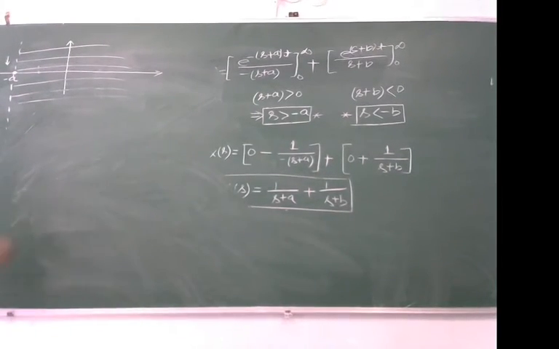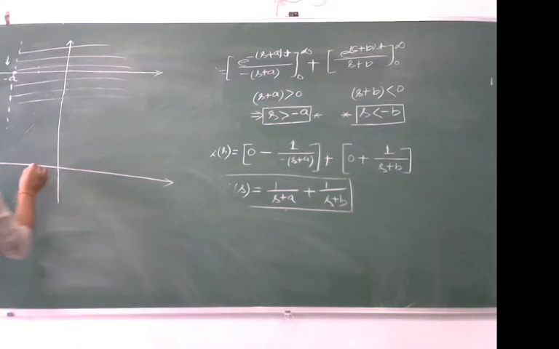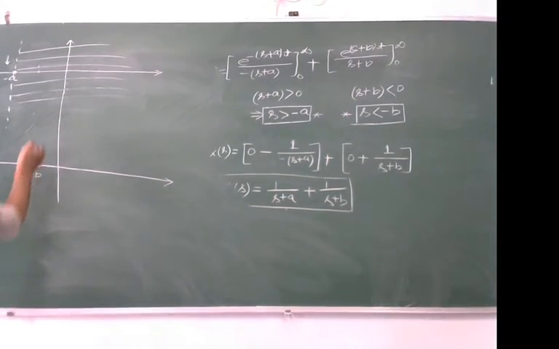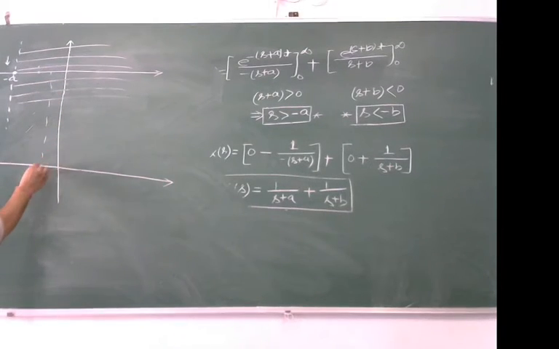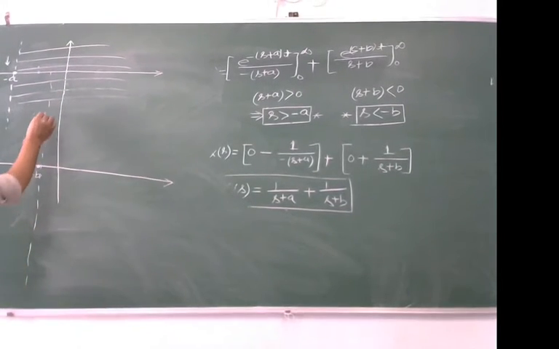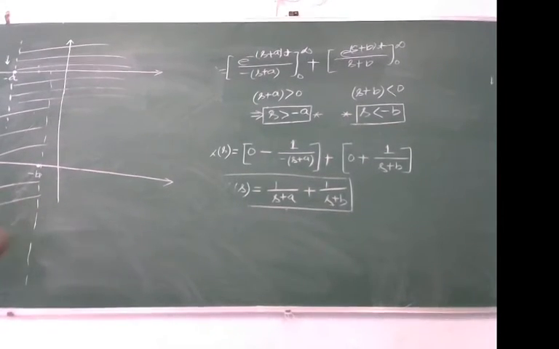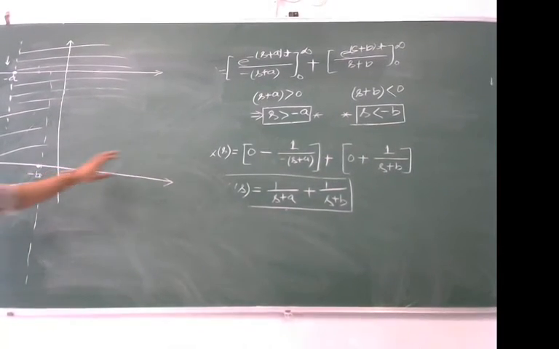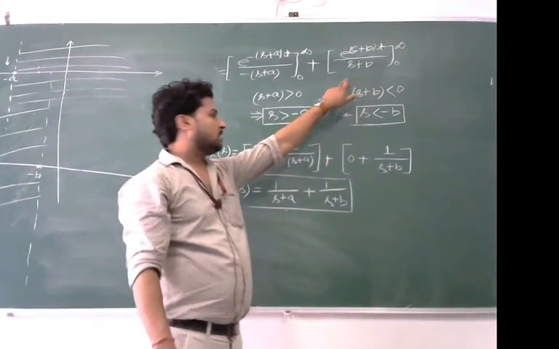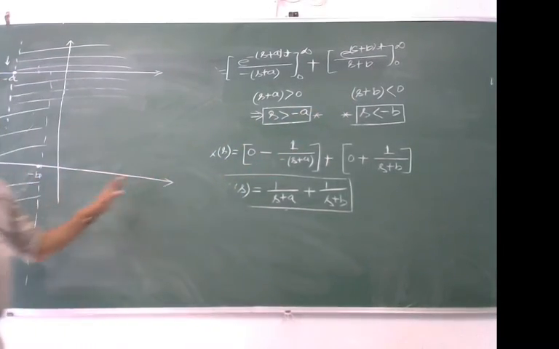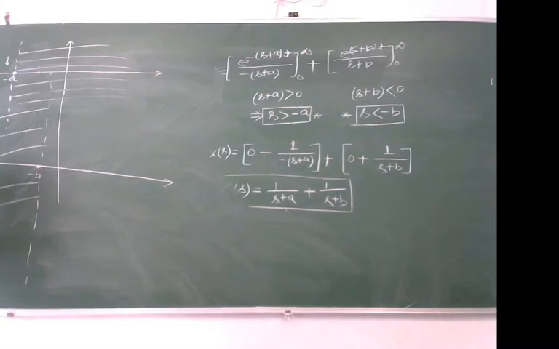And the second case says that s should be less than minus b. Suppose minus b is here. It means that for the existence of this term, s should exist to the left side of minus b.